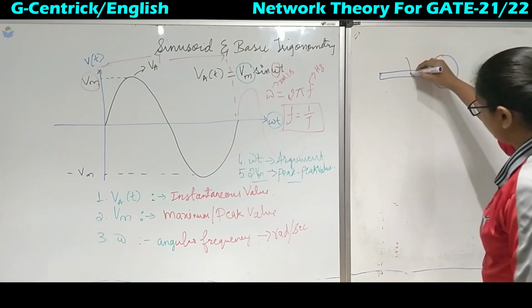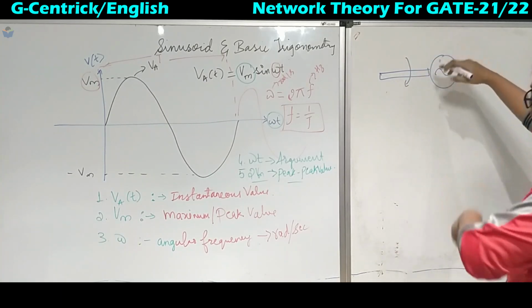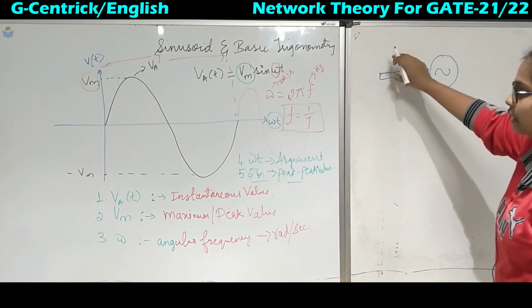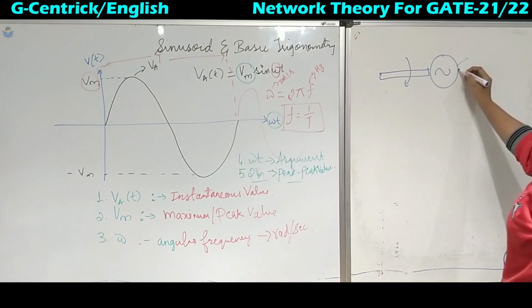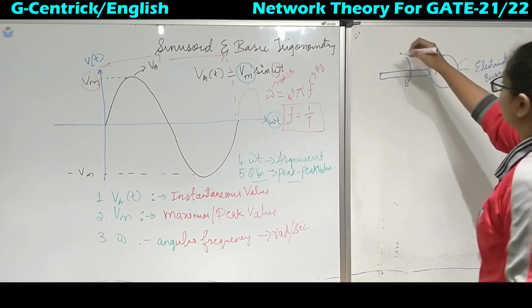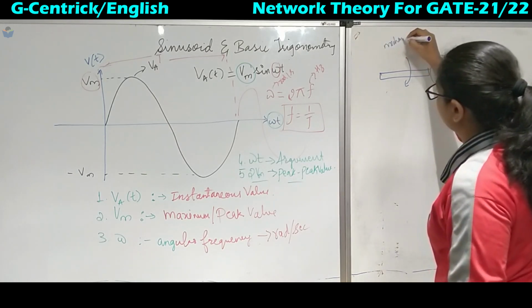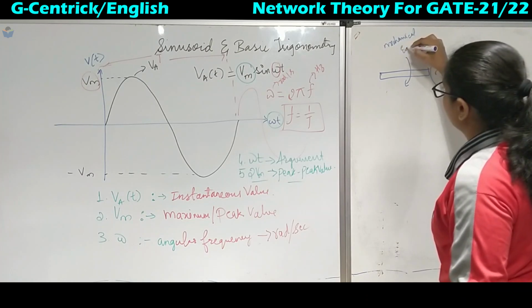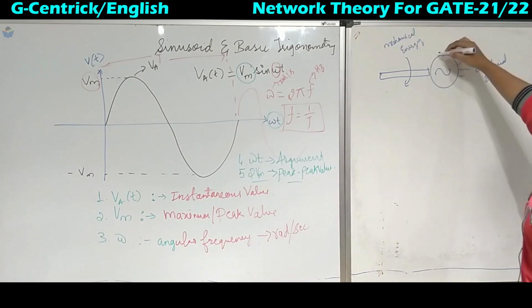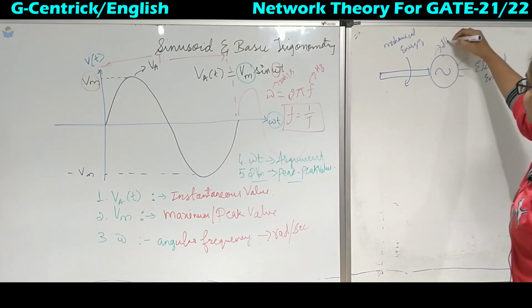This shaft helps drive the generator. It has some speed at which it rotates, and it gives us electrical energy. Here it is mechanical energy. When mechanical energy is converted to electrical energy, we call it a generator or alternator.